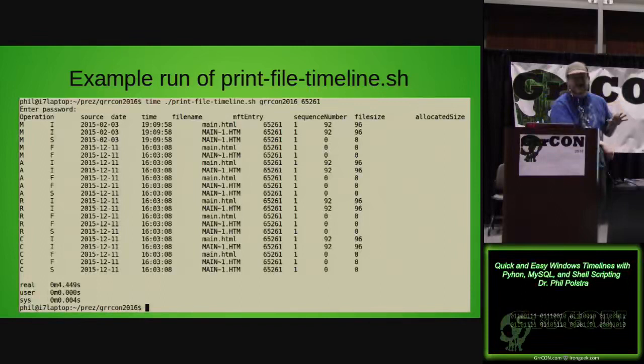So let's just say I looked at my overall chronological timeline, I looked at my registry, I looked at my event logs and such, and I saw around December 3rd something strange happened that I suspect might have been an attacker in my system.